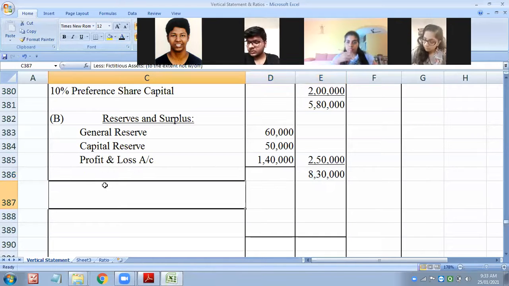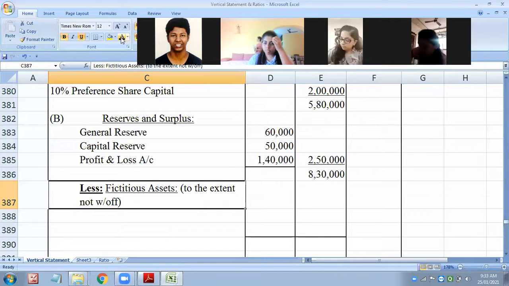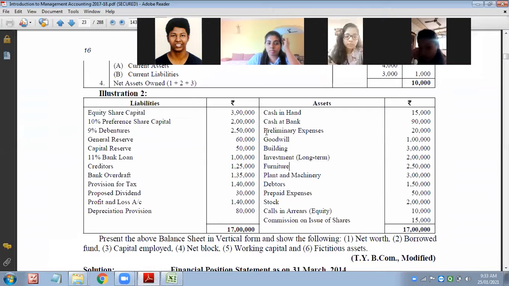Now I will take the fictitious asset. Why is it given the nomenclature fictitious asset? As it is there on the asset side, but it is not exactly an asset of the business, like cash, like goodwill, like building. They are basically losses.